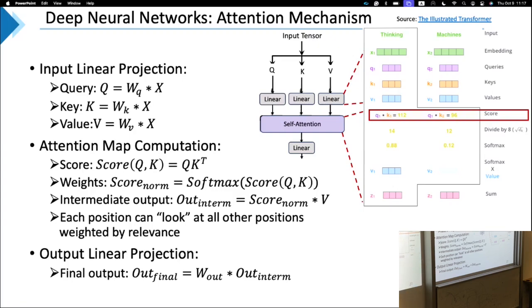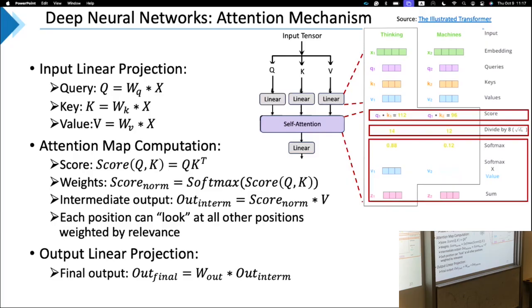The second embedding vector. After getting this, we do a scaling, and later on we will explain why this scaling is so important. We get these 2 numbers, and we do softmax, and we multiply this normalized vector after softmax with the value vector, so we get the final outputs.